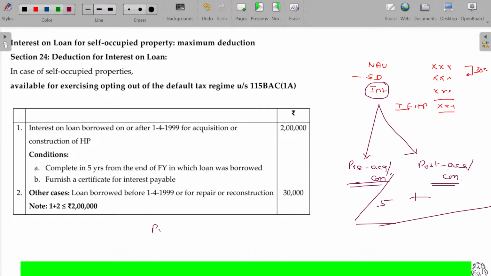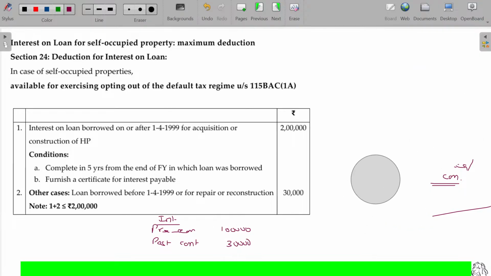For example, pre-construction period interest being 1 lakh, post-construction period interest being 30,000 rupees. See here, your NAV being 2 lakhs. Section 24(a), what is that? Standard deduction. How much is that? 30% of this, 60,000 rupees.